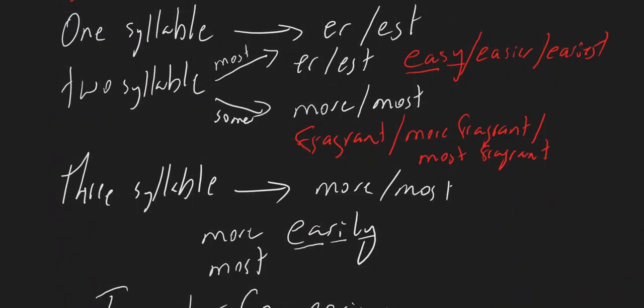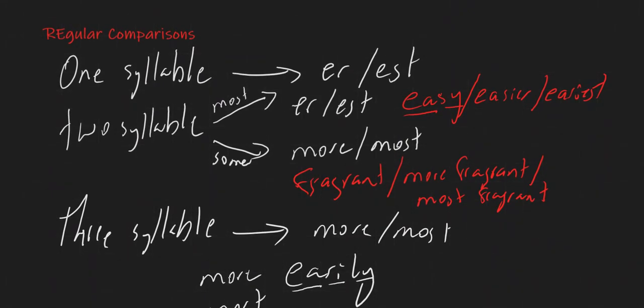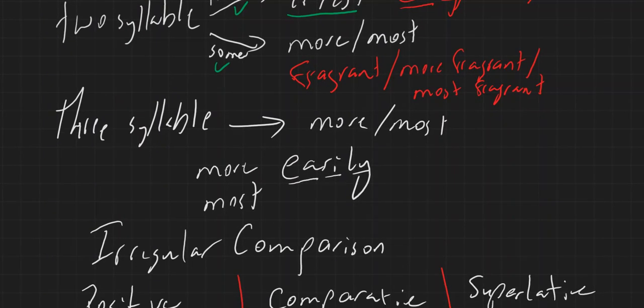In terms of regular comparison, for the one syllable words, we add er for the comparative or est for the superlative. For the two syllable words, most of them we add er or est, and some of them we add more or most depending on how it sounds. For the three syllable words, we always add more or most.